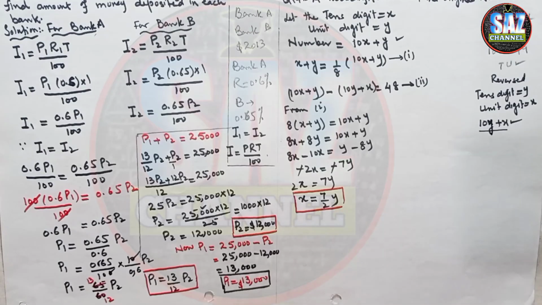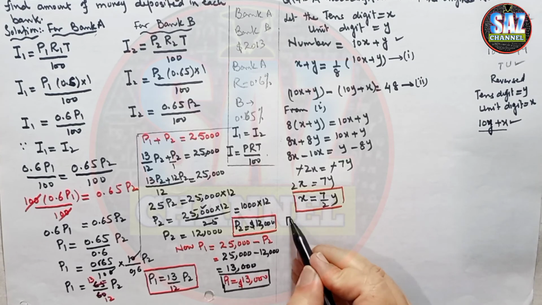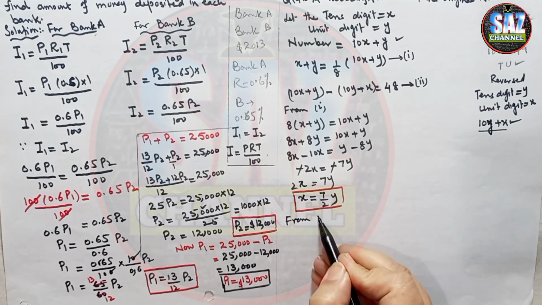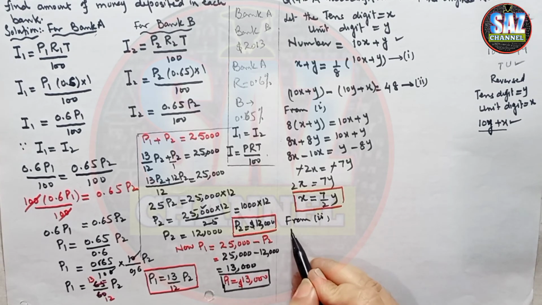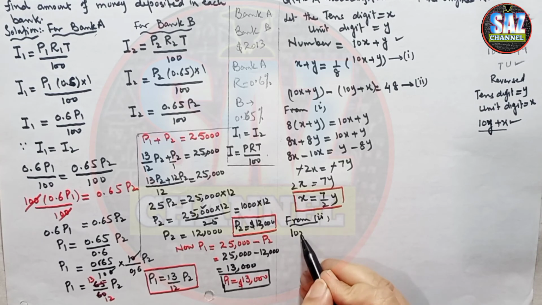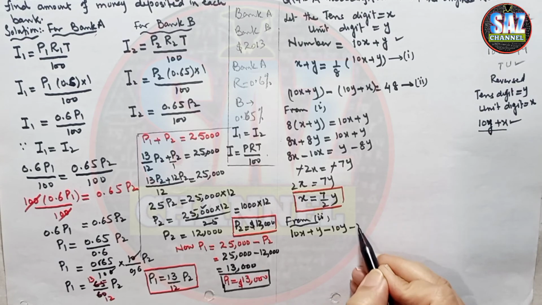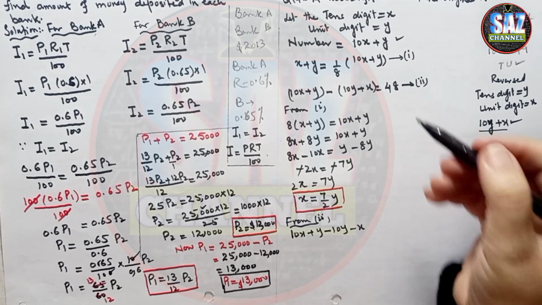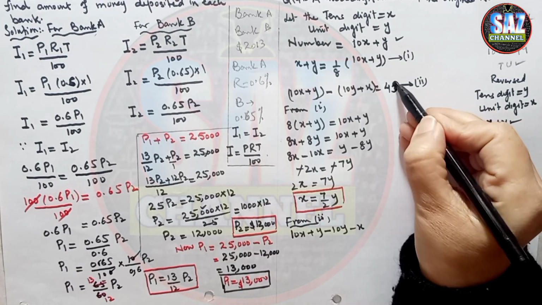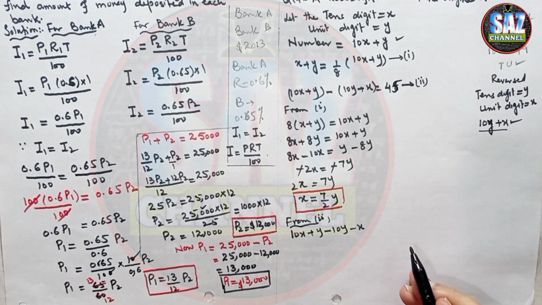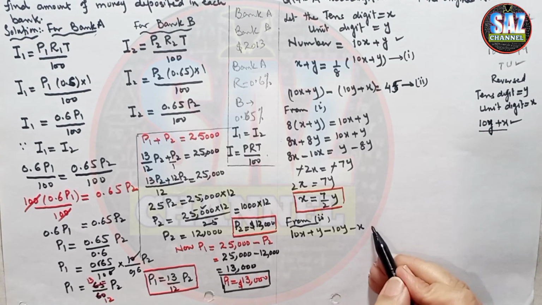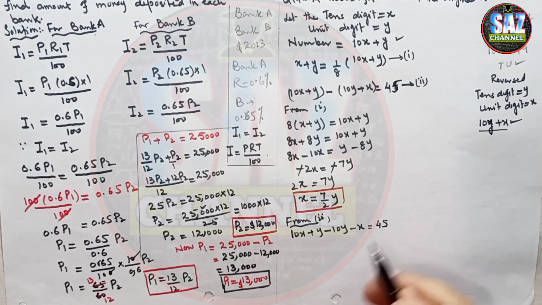From equation 2, 10x plus y minus 10y minus x equals, I hope this is 45. The difference is 45. Okay, equals 45.